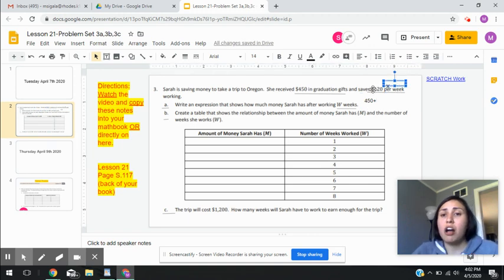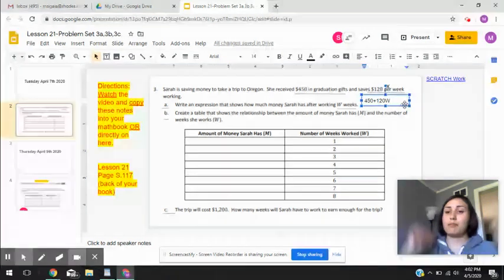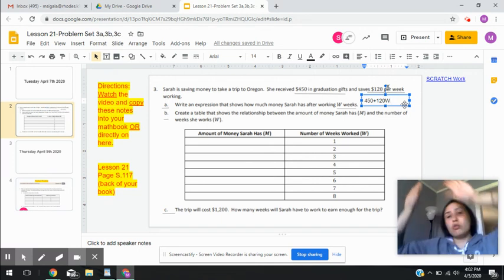It says $120 per, which means to multiply, week. And they told me that W is the variable I need to use. So I'm going to add $120 times W. When there's a variable right next to a number, we know that means they're being multiplied together. There's my expression. Nice, done.